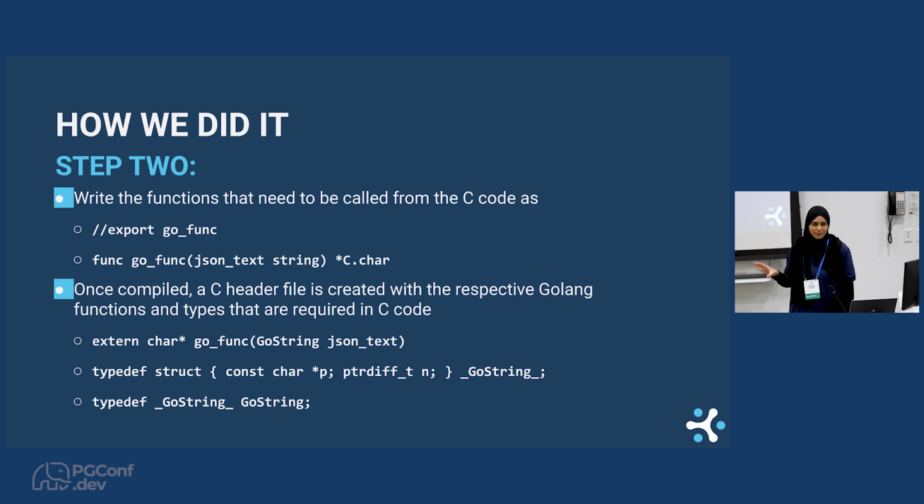So now after compiling this, it automatically creates a C header file. And in this header file, it will declare all these functions that were specially written with export as the external functions in C. So now all this part is included in your C header file. So your C compiler will just understand, okay, this is some code that is defined somewhere.